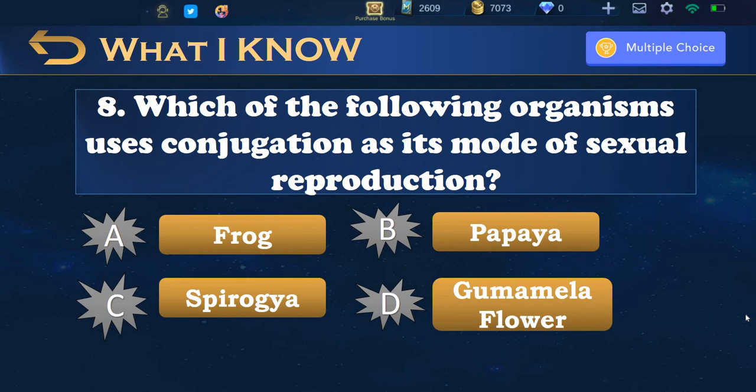Which of the following organisms uses conjugation as its mode of sexual reproduction? Is it A, frog, B, papaya, C, spirogyra, D, gumamela flower or hibiscus? Go. Time is up. Answer for number 8 is letter C, spirogyra.